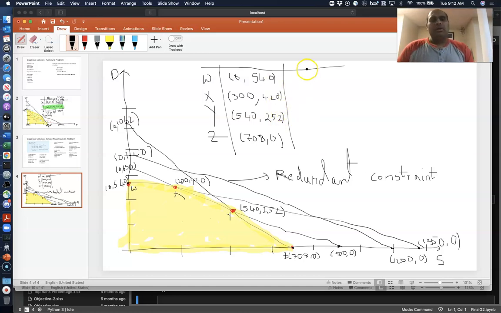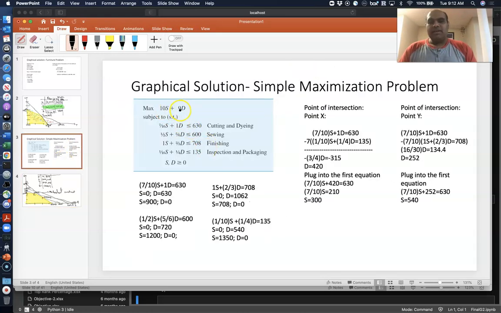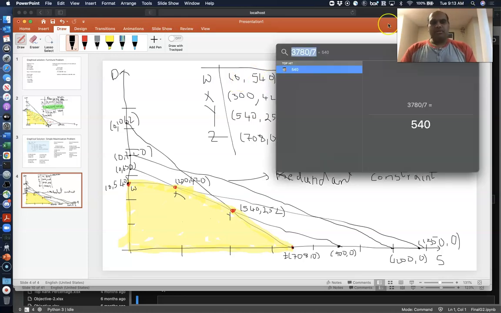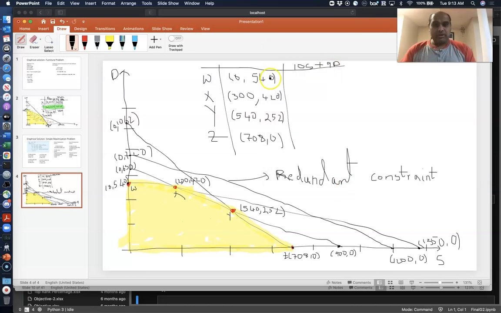There you go. So now we can find the value of the objective function. The objective function is 10 times s plus 9 times d. So let's find all of these numbers. If I plug in 0, 540, it'll be 9 times 540, which is 4,860.